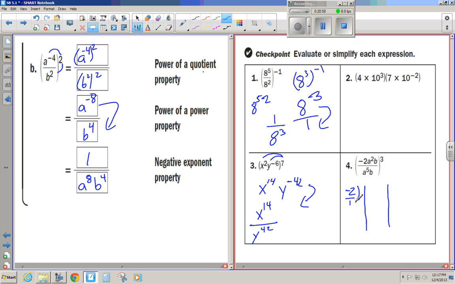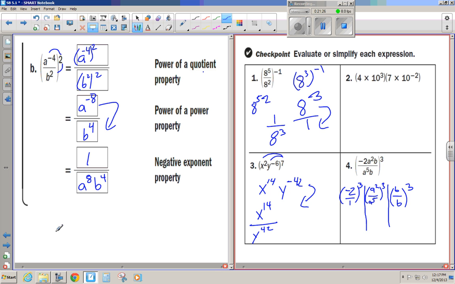I'm sorry, that's all being cubed. You have a squared and an a fifth, and that's also being cubed. You have a b over a b, and that is being cubed. So, how do we go about doing this one?